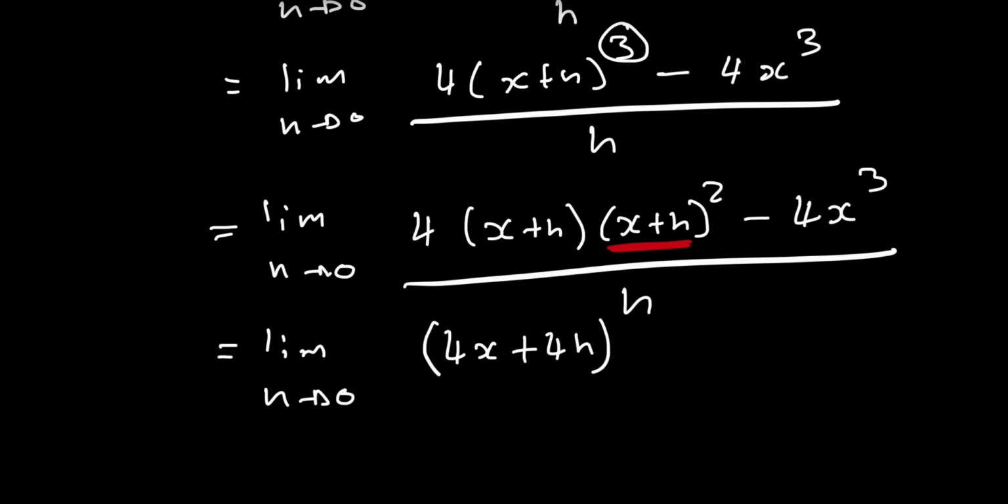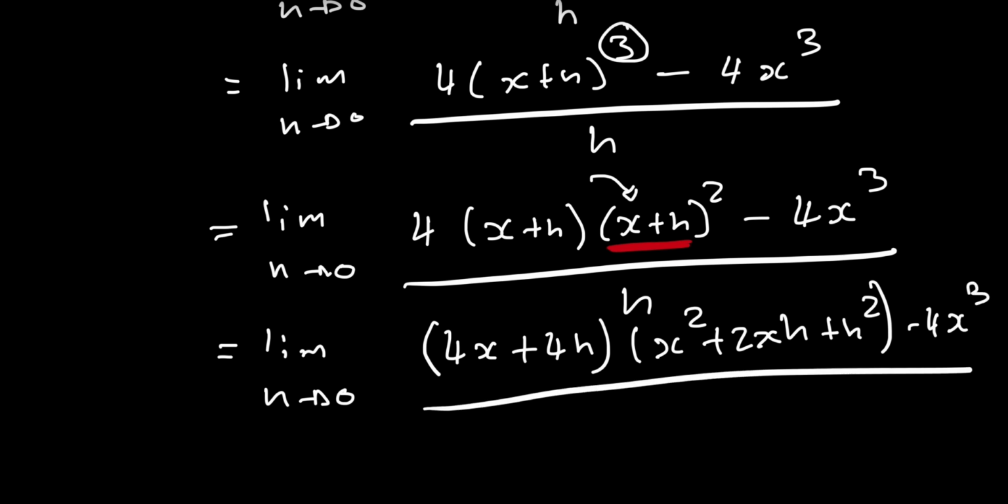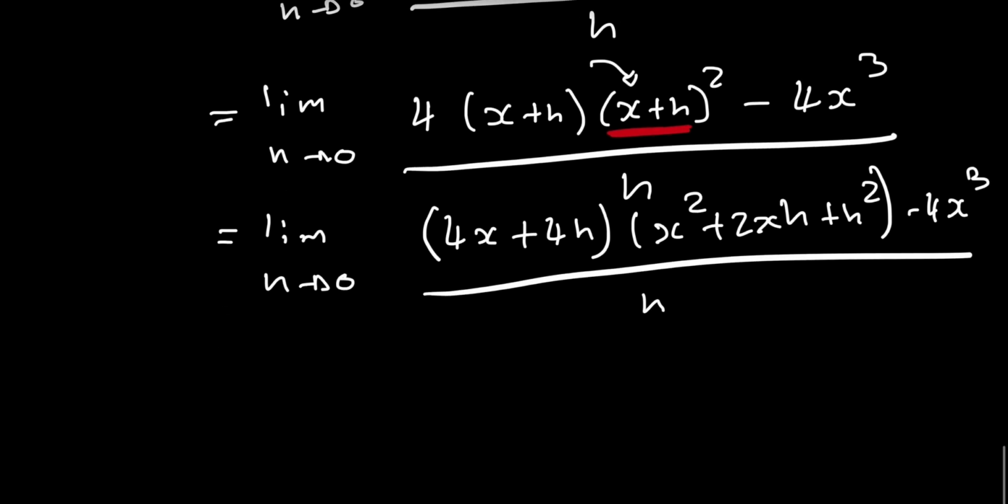And that is going to be multiplied with this thing here, which we can simplify as x squared, then x multiplied by h is xh, multiplied by 2 that's 2xh, and then squaring the h, plus h squared. So you still have the minus 4x cubed, all divided by h.